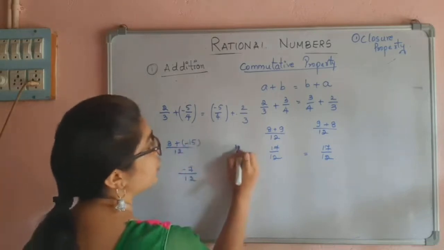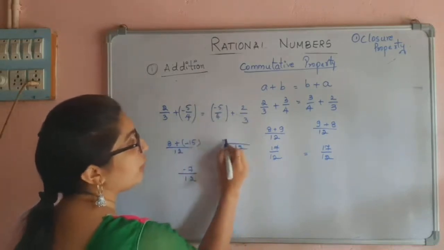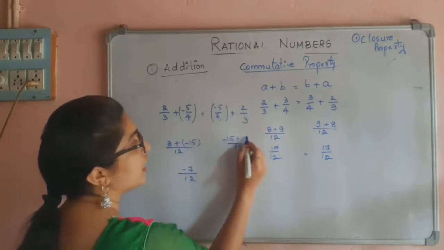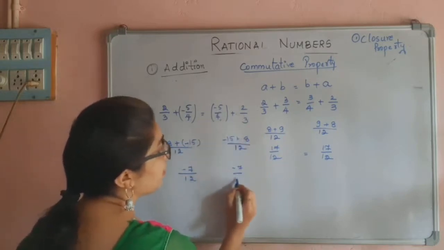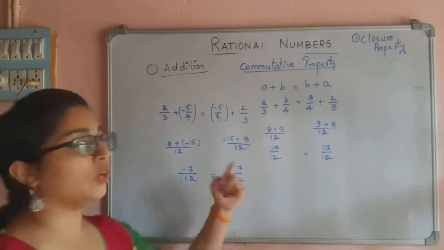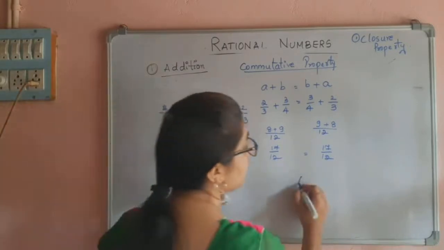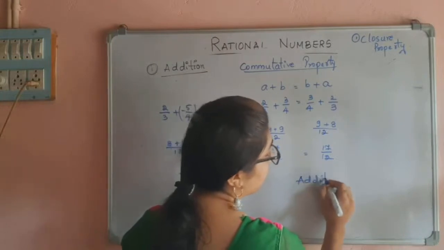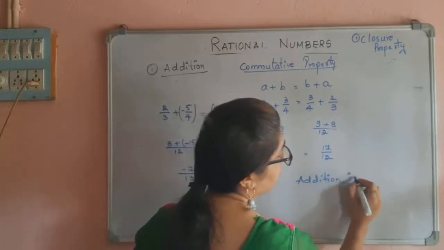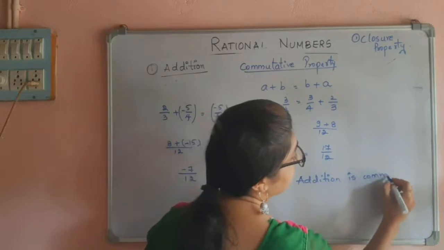Here also 3 4s are 12. Minus 5 into 3 minus 15. 4 2s are 8. This is also minus 7 by 12. So LHS is equal to RHS. So we can say the addition is commutative. Addition is commutative for rational numbers.